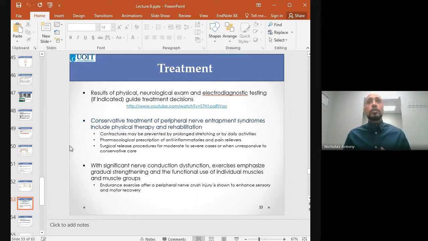And so conservative treatment is usually helping the muscle tightness and the inflammation of the area through different modalities to help take the pressure off the nerve so it can start to heal, and then promoting improved movement and blood flow to the area through exercises and using of the nerve. Other things pharmacologically, like anti-inflammatories, are used.